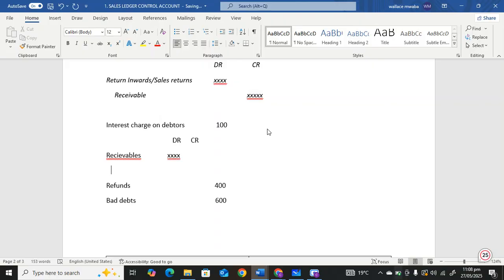So for an increase in income or revenue, according to the double entry rules, you credit. Sometimes they won't say interest charged on debtors. Sometimes they'll just put interest. So you are supposed to assume that interest is charged on the debtors.